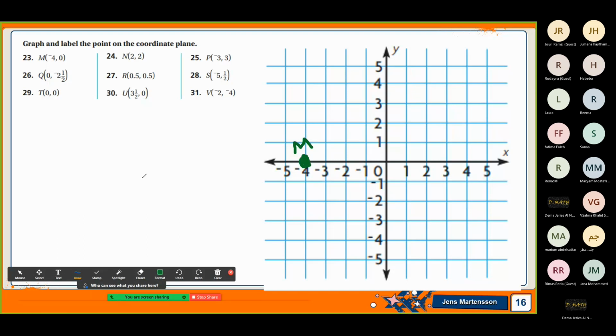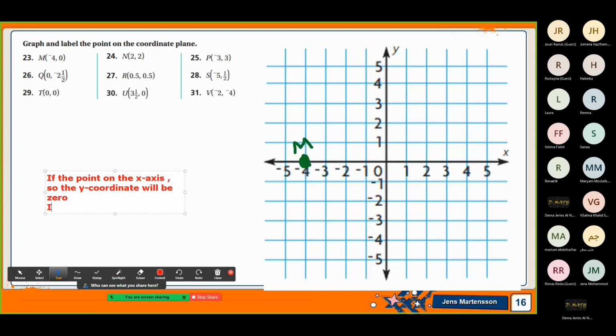Now, don't forget, girls, if the point is on the x-axis, the y coordinate will be 0.